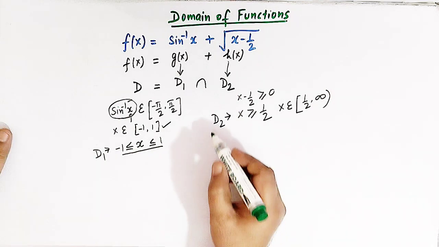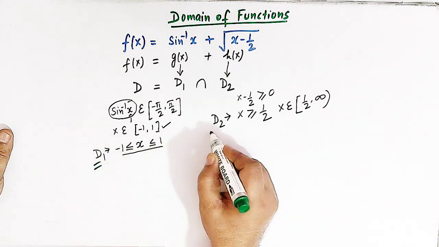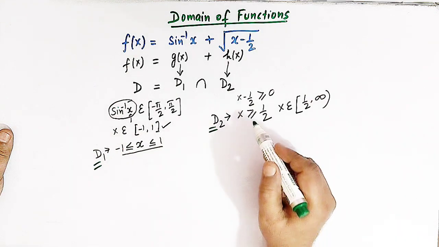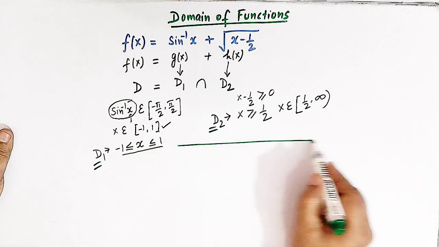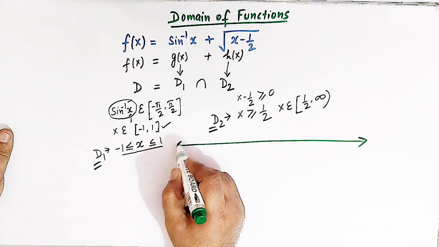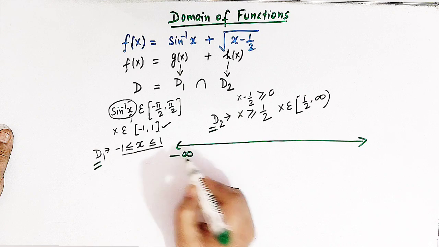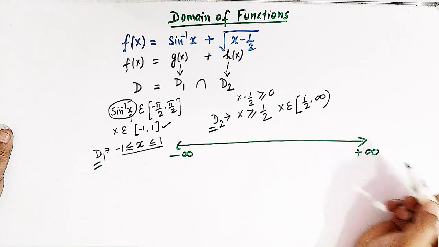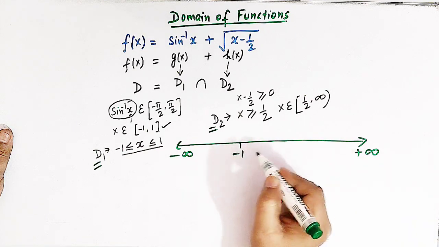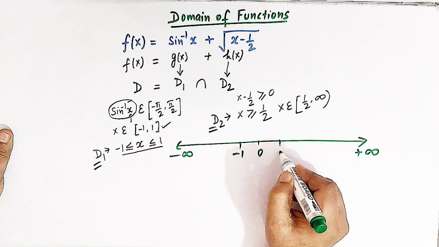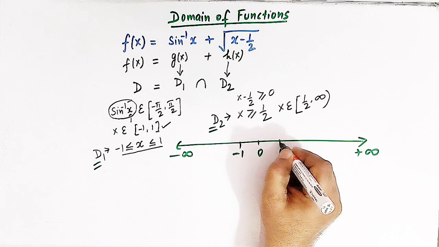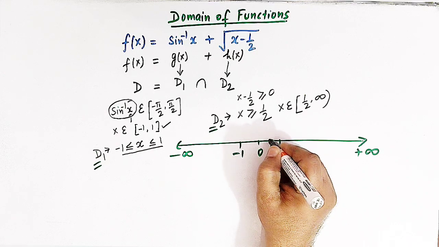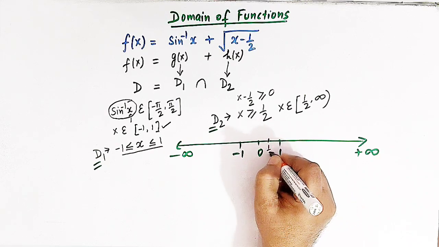Once we get the domains d1 and d2, the next step is to represent these domains on the real number line. Let us take this real number line. Here we have minus infinity, here plus infinity, here minus 1, then 0 and 1. And this 1 over 2, that is half, lies between 0 and 1. So here we have half.